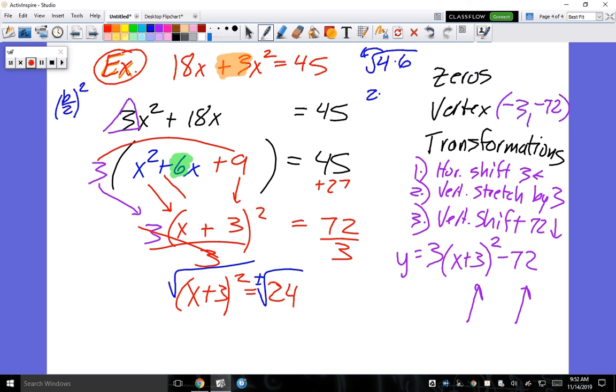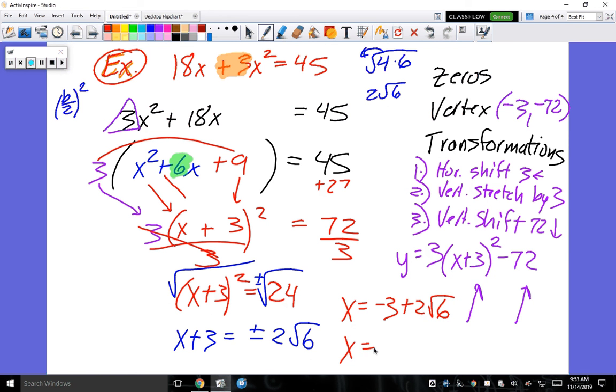The 4 will come out as 2, because the square root of 4 is 2. So I have x plus 3 is equal to plus or minus 2 root 6. So when I subtract 3, my first answer is negative 3 plus 2 root 6. My other one is negative 3 minus 2 root 6. Yes, you could have put that as just one equation with the plus and minus, which accounts for both.